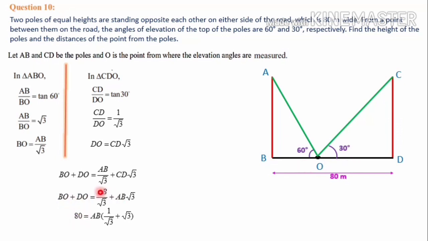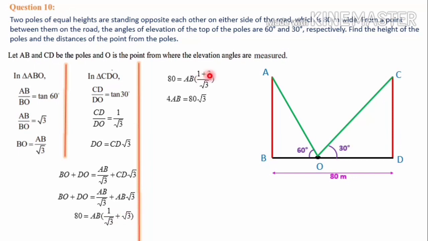Then from these two we can take AB common. If you take AB common, the first term will have 1 by root 3 coming, plus the second term will have root 3 coming. That is equal to 80, equal to AB into 1 by root 3 plus root 3. Taking root 3 as common LCM, we multiply root 3 with this root 3, so root 3 into root 3 is 3. 1 plus 3 by common denominator root 3.